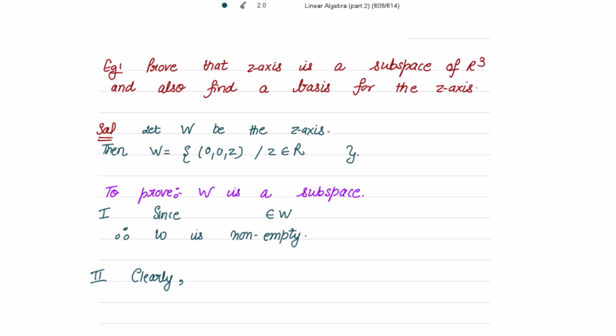Now to prove that W is a subspace, number 1: since I already have an element in this W, W is naturally non-empty.